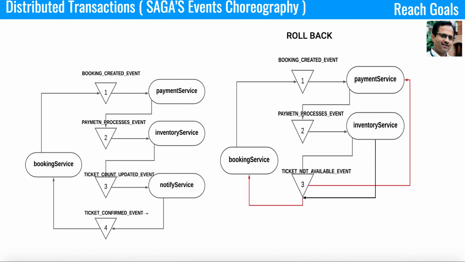So it has to say the ticket is out of stock and inform the booking service. It gives an event like ticket not available event to the booking service. The booking service, which is listening to that, immediately goes and updates the state to fail in the order DB, and the refunding of the payment will happen as well.